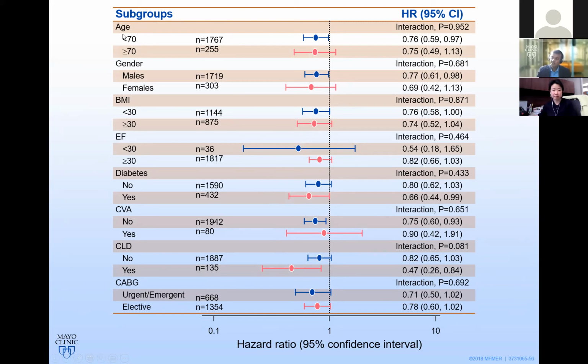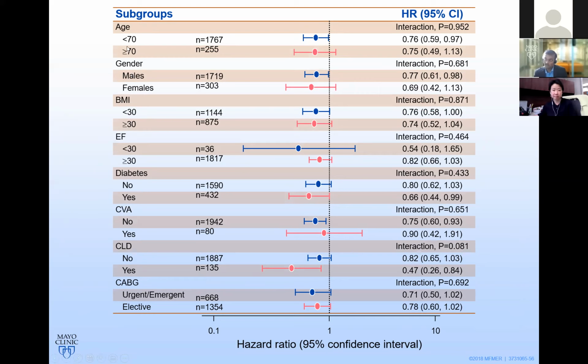I mean, none of these high-risk groups had any effect on the survival advantage that BIMA provided, essentially meaning that bilateral internal mammary arteries can be used in all these groups and will provide equal survival benefit as it would in any other patient.